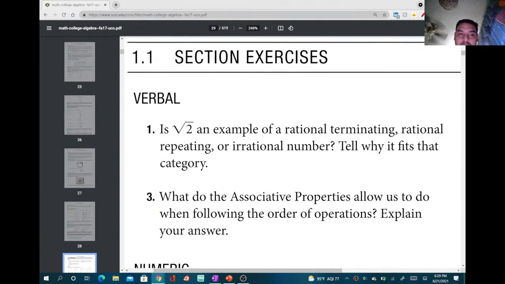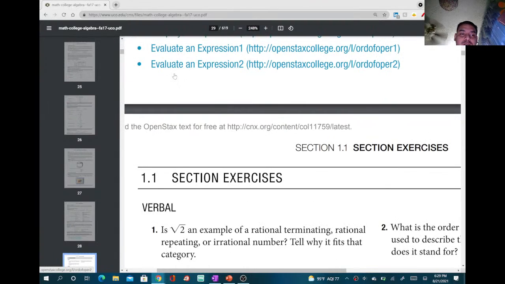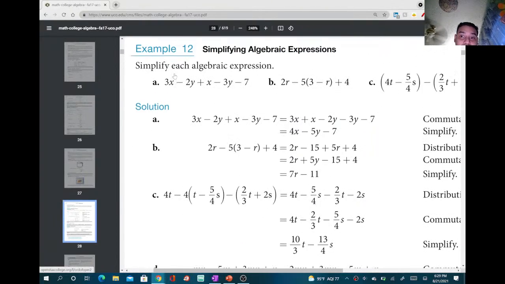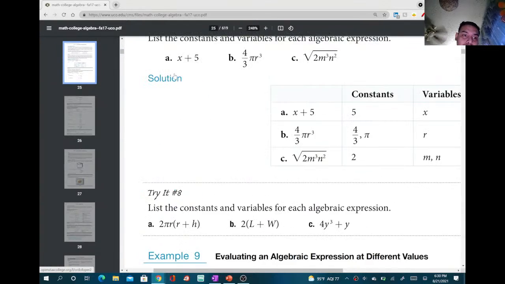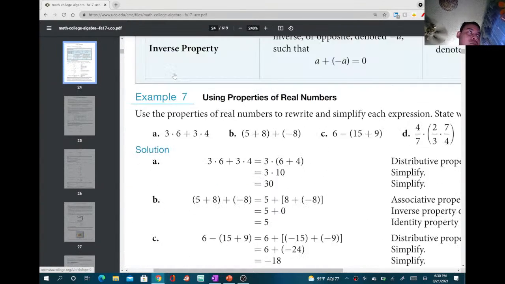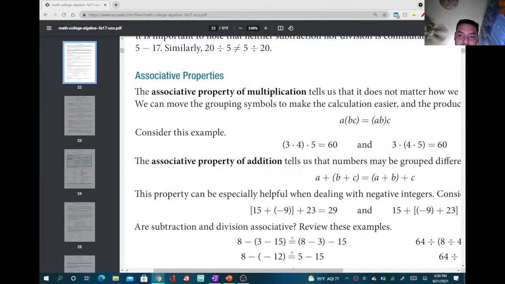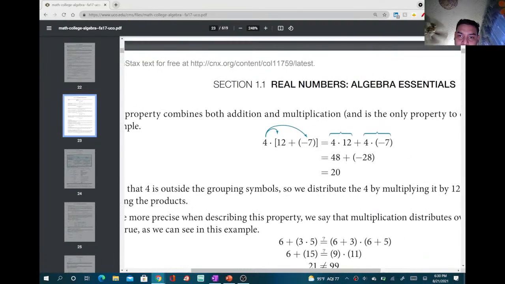I forgot what it was called. Oh my goodness. Forgive me, guys, if I'm taking a little long to get started. I'm sorry, but I'm trying to figure out what the title of this section is.